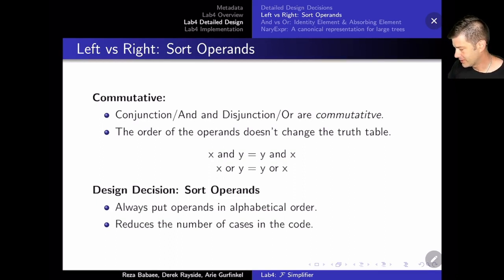So, left-right operators. The conjunction and disjunction are commutative, so the order of operation doesn't matter. And so we know that x and y and y and x, the order that they come in doesn't matter.